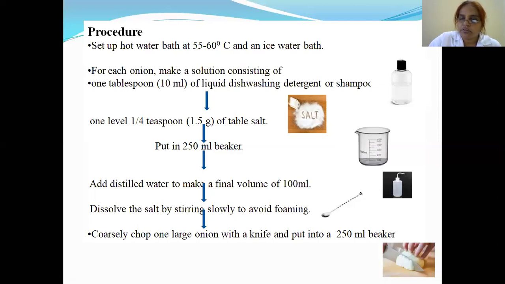Now add the distilled water, make up to 100 ml, and add the chopped onions into the beaker. So now the beaker contains onion, salt, dish detergent and distilled water. 4 things.